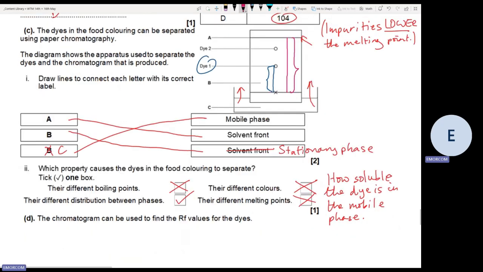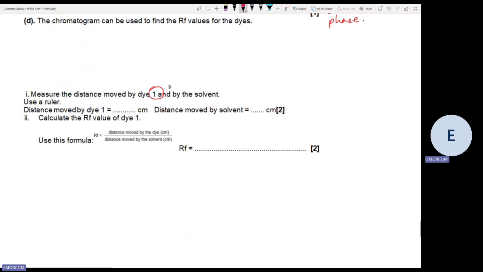And then if I do that, I should have got something like 2.4 for the distance traveled by the dye, and about 5 for the distance traveled by the solvent, so 5.0. Now, it doesn't matter what value you get, so you can measure your own value and then put it into your calculator, and you should still get the same RF value at the end.